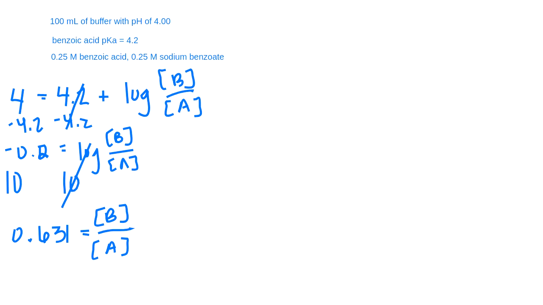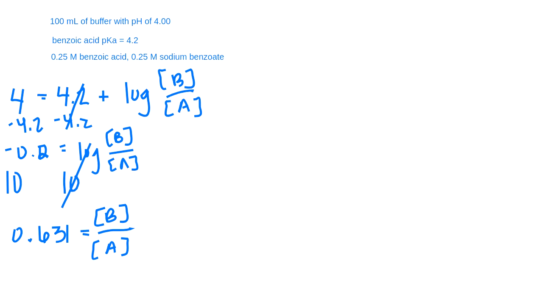Here we have 0.631, which is less than 1. So we're going to expect to have more acid than base. This makes sense because we want the pH of our solution to be more acidic than the pKa. Right? 4 is more acidic than 4.2.